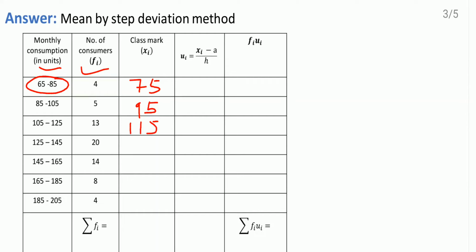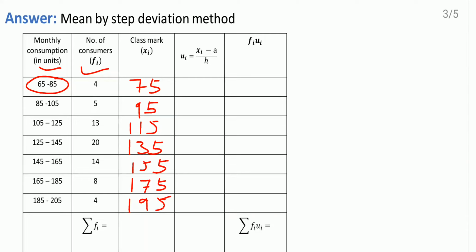So you will keep on adding 20. So 115 plus 20 will be 135. Then here 155, here 175 and here 195. We got the class marks, correct?